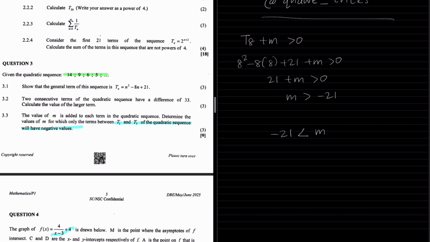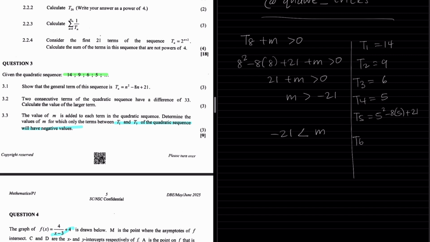Let's quickly go through the points again. t1 was 14, t2 is 9, t3 is 6, t4 is 5, and t5 isn't given to us, but we can work it out: 5 squared minus 8 times 5 plus 21.